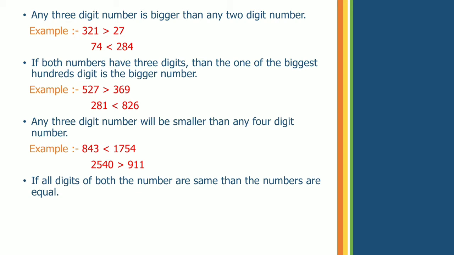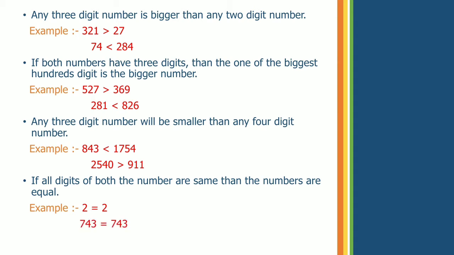If all digits of both the numbers are the same, then the numbers are equal. So if both sides have the same digits and the same number, then we put the equal to sign. 2 is equal to 2.